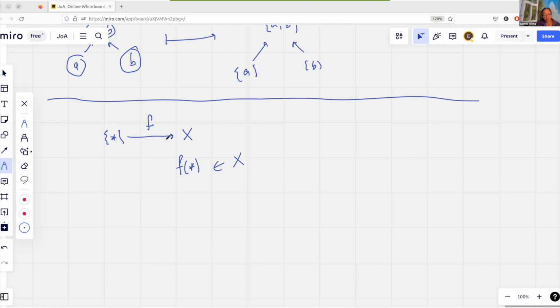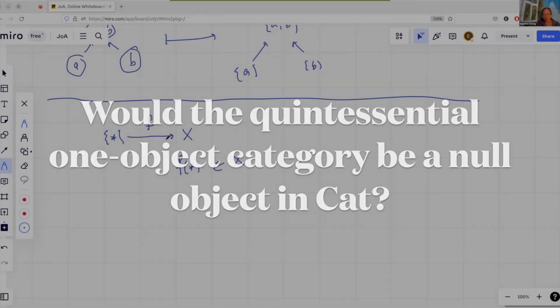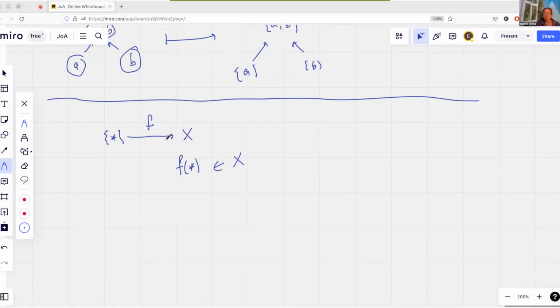Degenerately associating a single point to a quintessential category reminds you of the null object in group. Yes, the null object in group has only one object. It's the identity object. Would the quintessential single object category be a null object in category? Well, the single object category is terminal, but it's not initial, so it's not null.